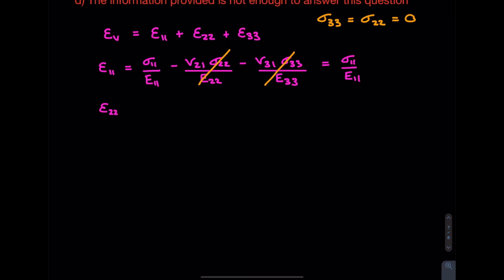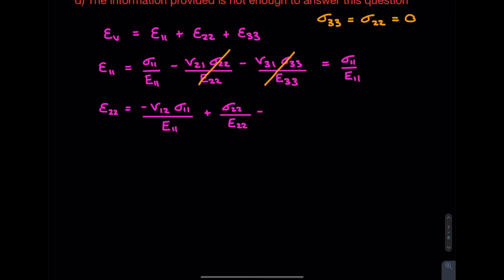So if we go to epsilon 2, it's going to be, again, very similar to before, where we have negative the Poisson's ratio of 1 multiplied by sigma 1, all divided by E 1. And then we have plus sigma 2 divided by E 2.